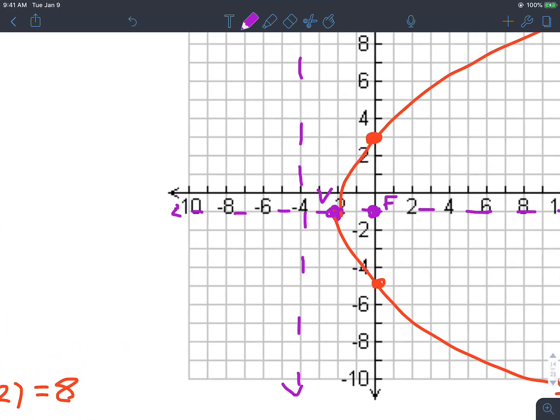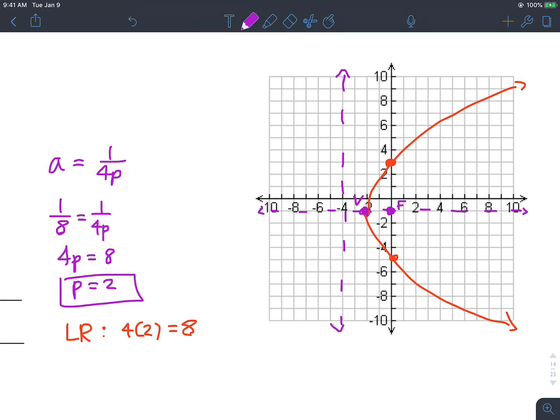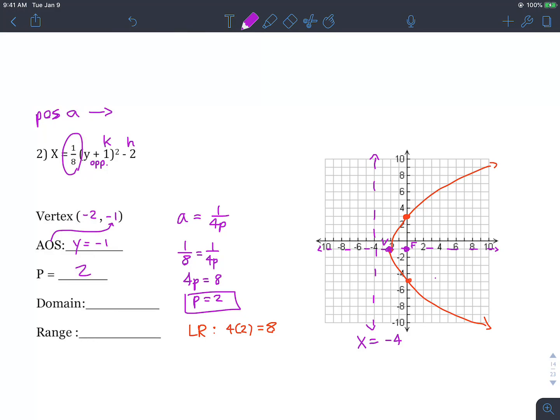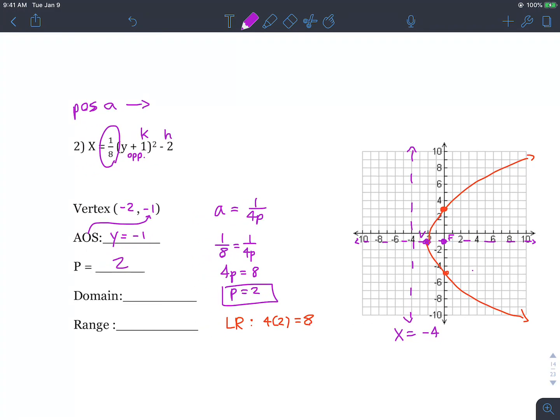And then theoretically every point on the parabola should be the same distance from the directrix as the focus right there. So if you go count, that should be 4 total units there. And that's how you're going to do these. So don't forget about your directrix. By the way, your directrix line is the vertical line x equals -4, if you want to go back and add those.